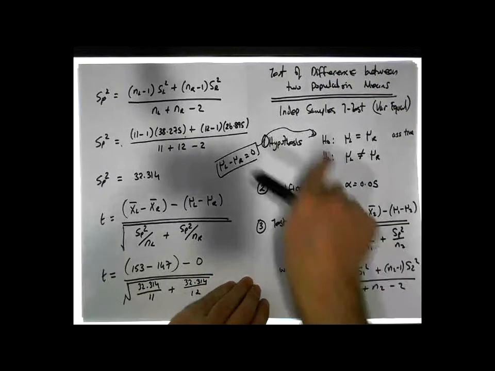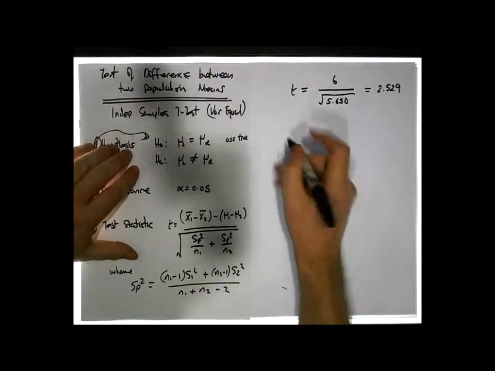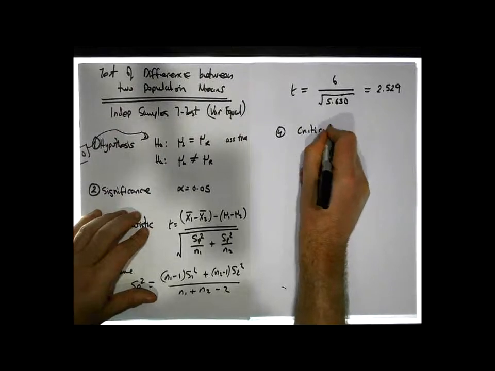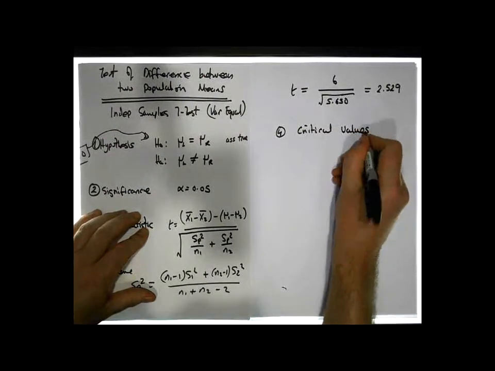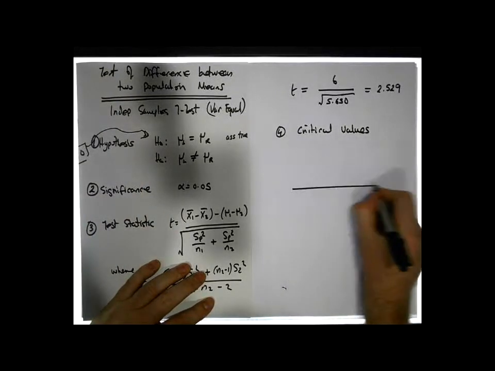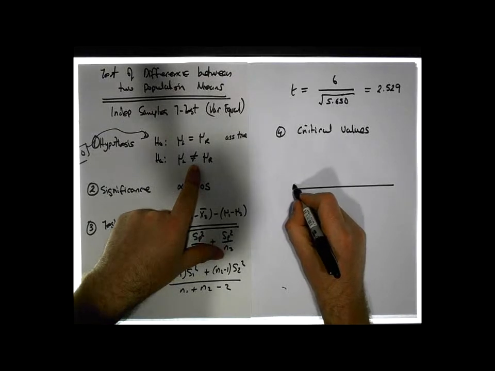That test statistic is 2.529. Now step 4 is we need to calculate our critical values. The alternative is not equals to, so this is a two-tailed test.